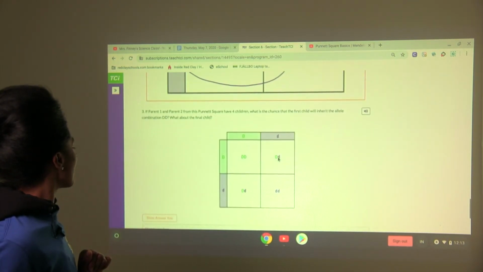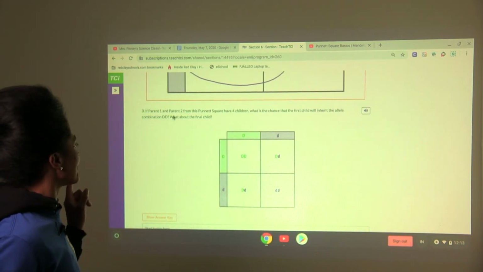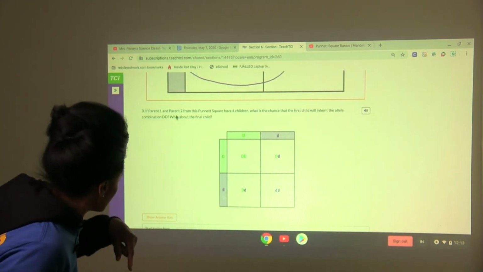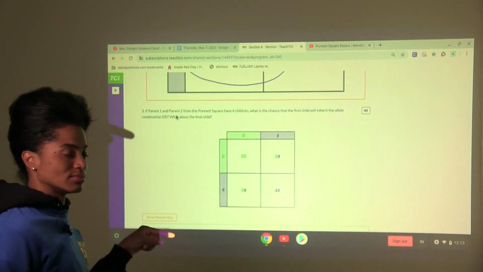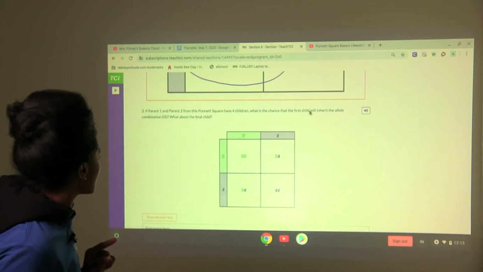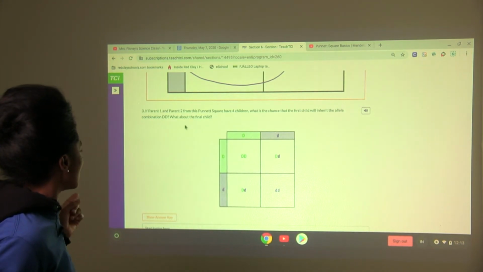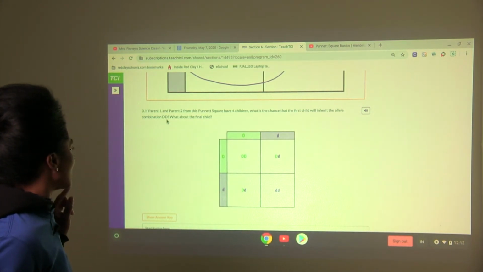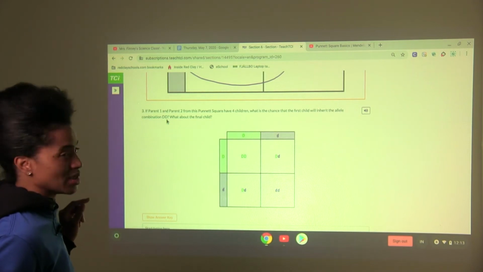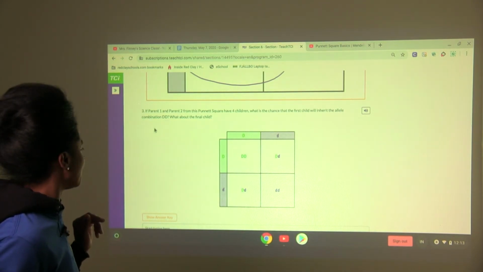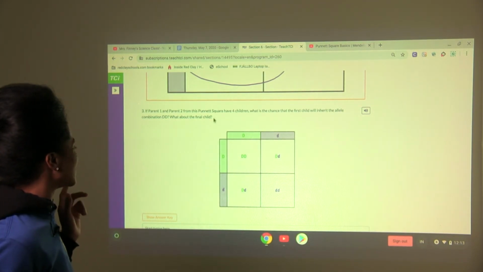All right, here we go. Number 3: if parent 1 and parent 2 from this Punnett square have 4 children, what is the chance that the first child will inherit the allele combination dominant allele? What about the final child?